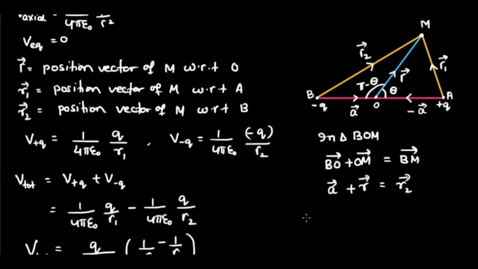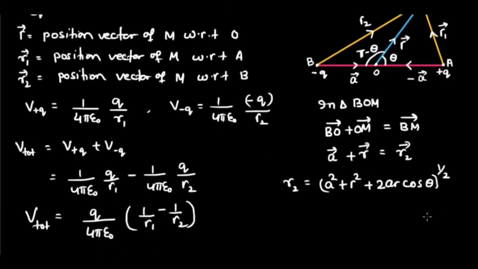From the formula that we have discussed in the triangle law of vector addition, I can write that R2 is equal to A square plus R square plus 2AR cos of the angle between these two vectors, which is theta, whole to the power half, or you can give the square root symbol. Square root is the same as power half.